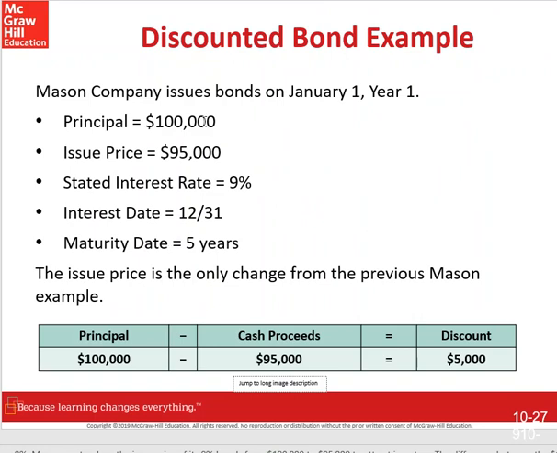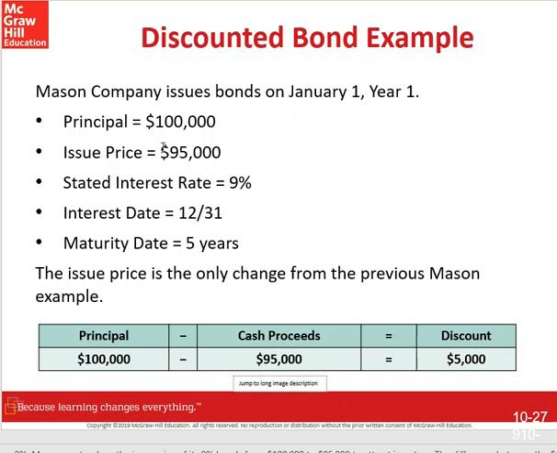So here's what that might look like. Mason's still issuing bonds, and the principal of those bonds is $100,000, but they're going to sell them to these bondholders for only $95,000. So for each $1,000 bond, each bondholder is going to pay $950, meaning they're issuing the bonds at 95.